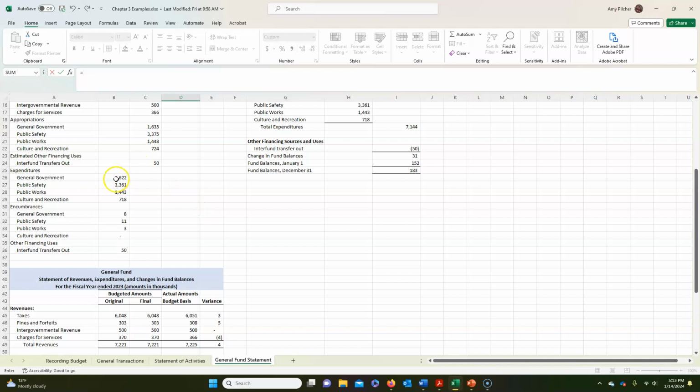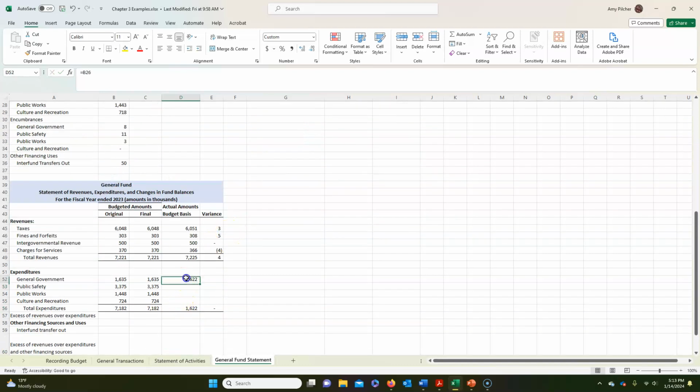And then here I put our actual expenditures. And then the budget to actual variance.